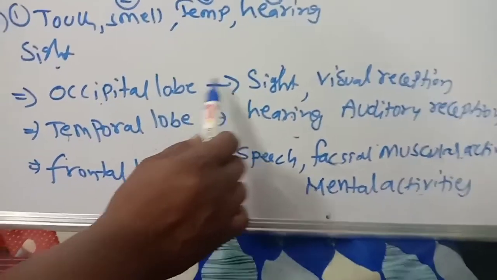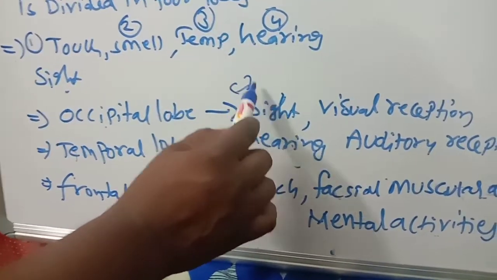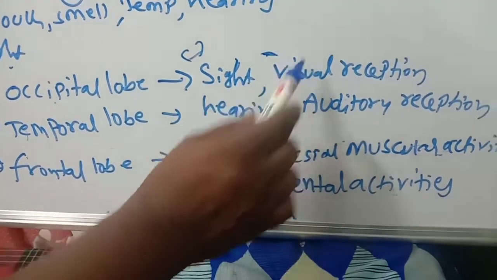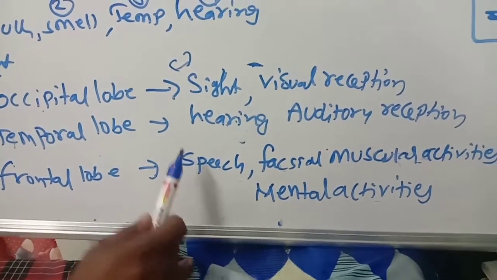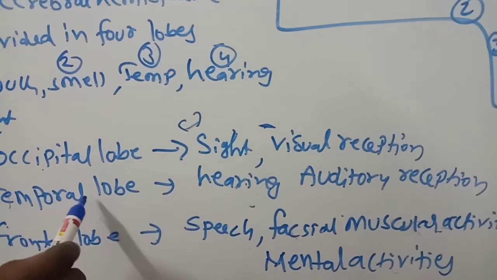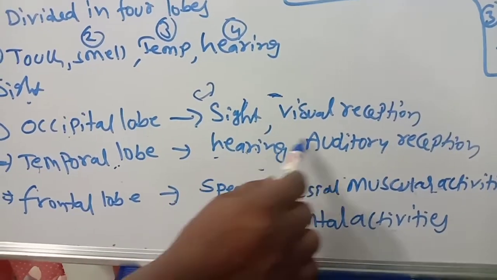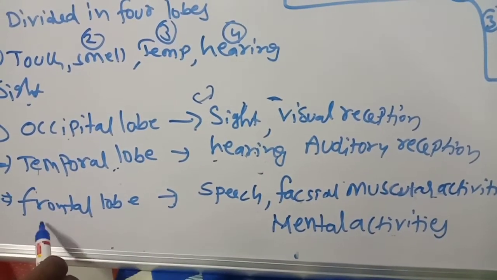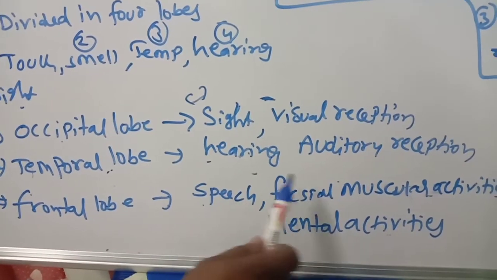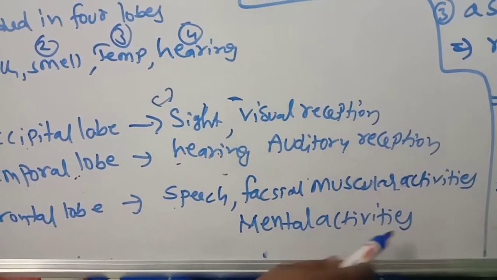The occipital lobe is helpful for sight, and visual reception takes place in the occipital lobe. The temporal lobe is helpful for hearing and auditory reception. The frontal lobe is helpful for speech, facial muscular activities and mental activities.